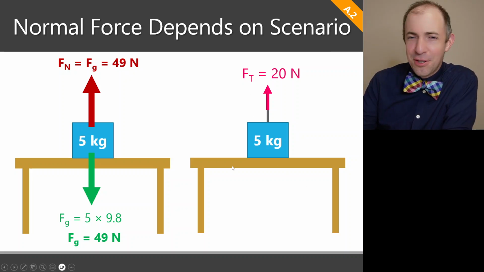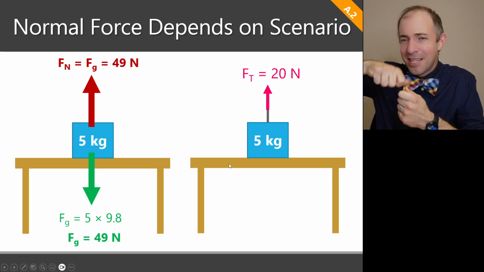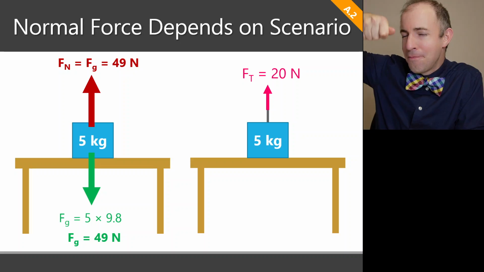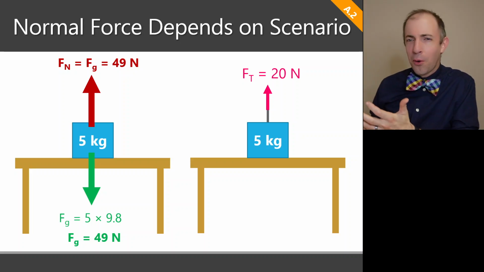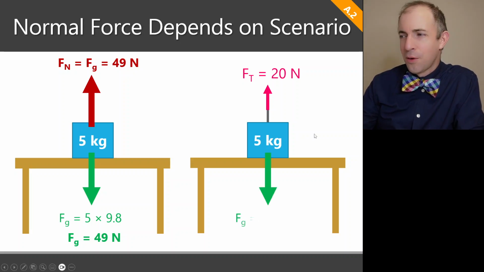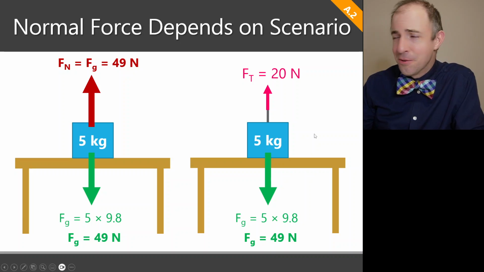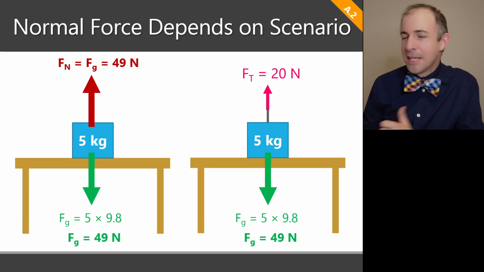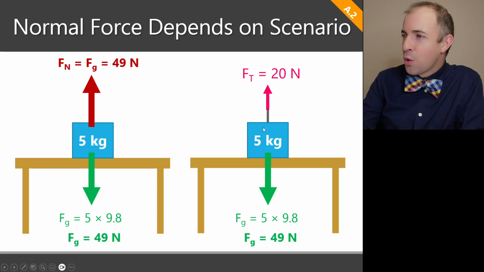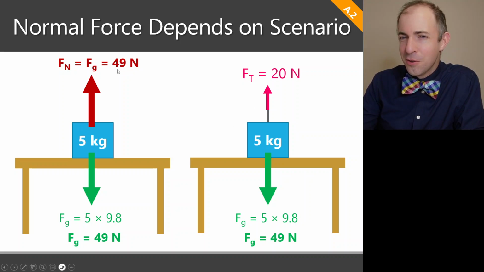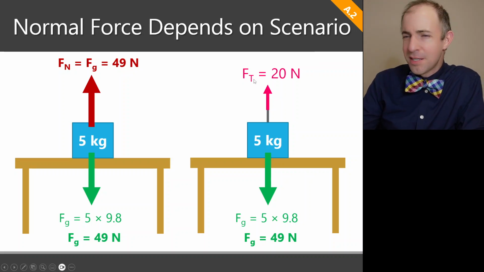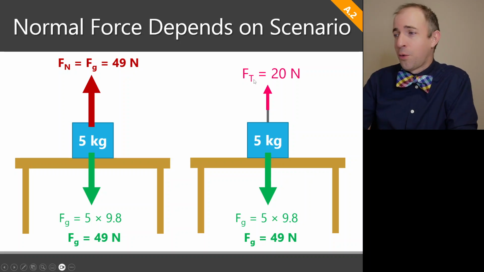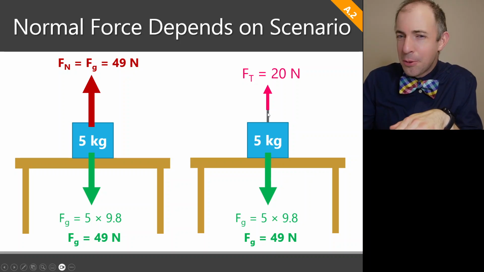All right, now let's change it a little bit. Let's say we tie a string to the box and we support up just a bit, not enough to support it all. That still has a force of gravity that's 49 newtons. So 20 newtons is not enough by itself to create equilibrium. But if my normal force remained 49 newtons, I would now have 49 plus 20, which is larger than the 49 going down, which would not be equilibrium anymore.